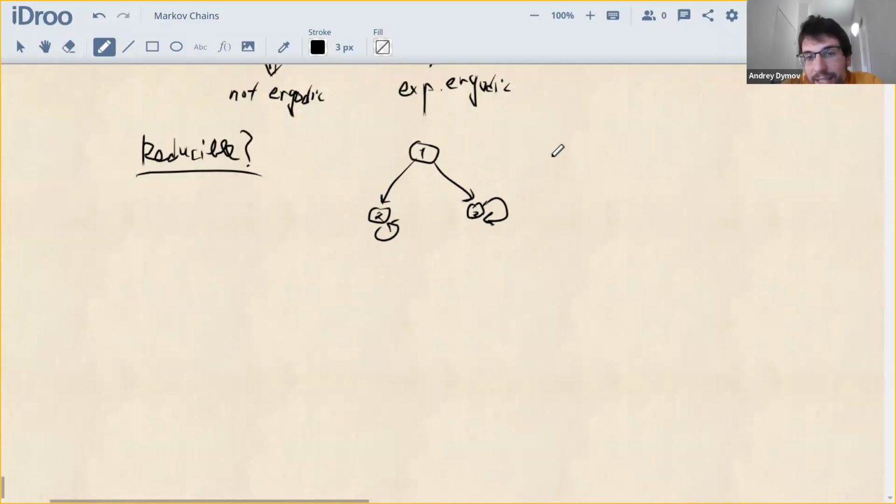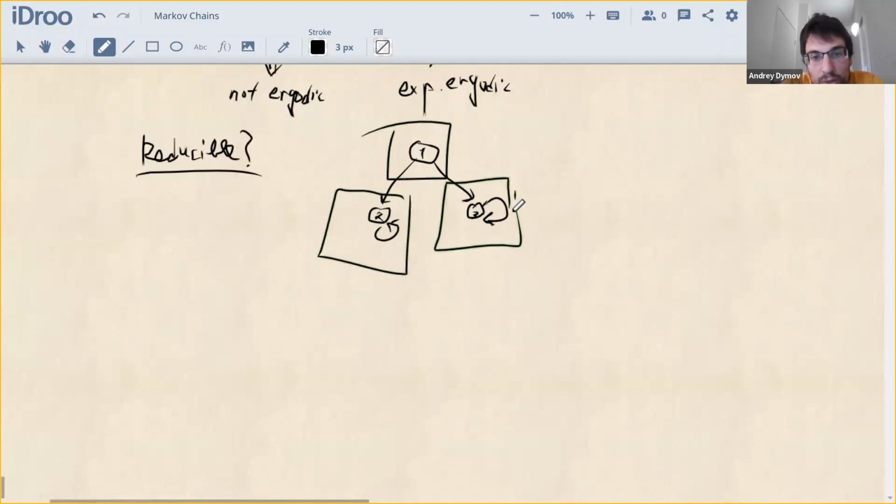So already we see that this Markov chain does not have a unique stationary state. What are the communicating classes? This is one communicating class, this is another one, this is a third one. The sets which lie in minimal communicating classes are the set 2 and the set 3, right? But they belong to different communicating classes.